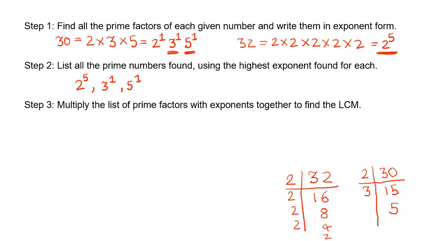Multiply the list of prime factors with exponents together to find the LCM. So LCM equals 2 raised to 5 into 3 raised to 1 into 5 raised to 1, which is 32 into 15, equals 480. So the LCM of 32 and 30 is 480.